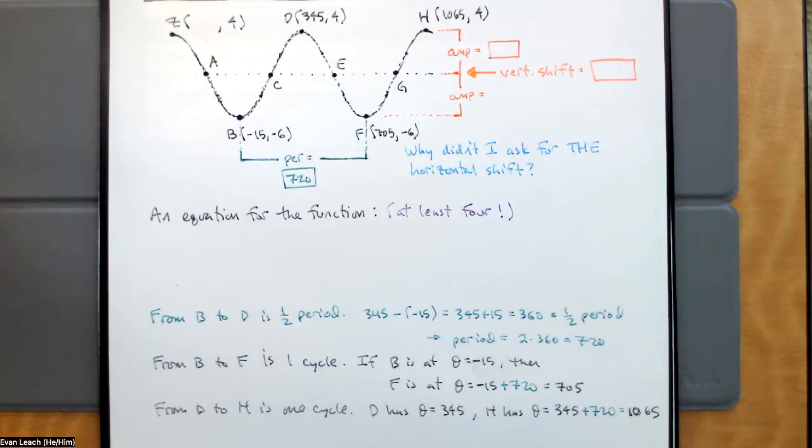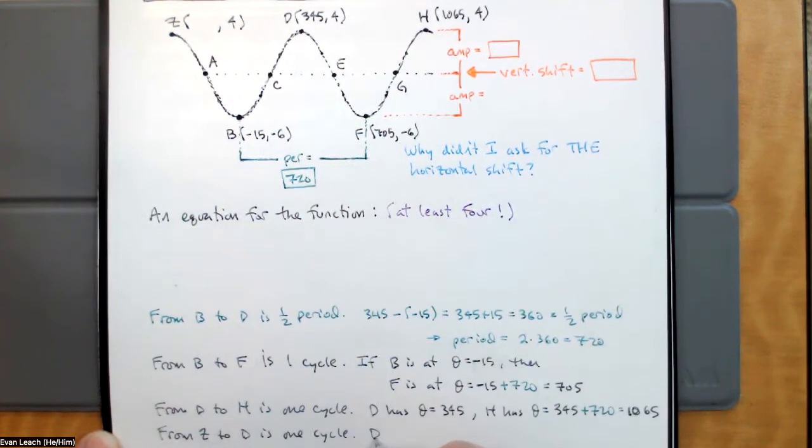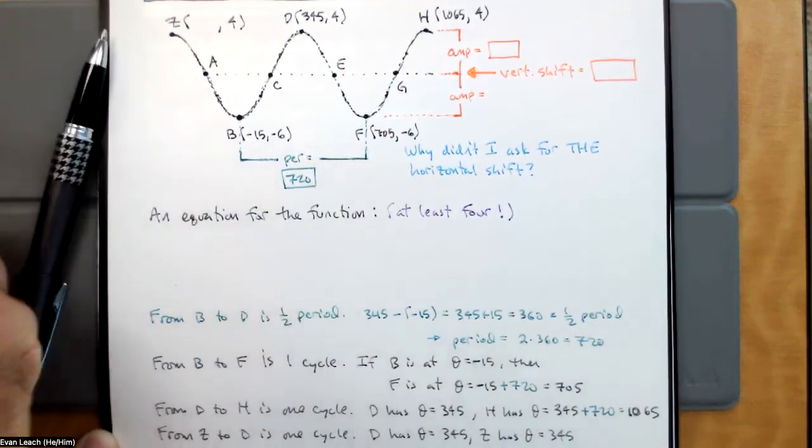How are we going to get the theta coordinate for Z? How are we going to go back to Z? We'll just subtract the 720. So from Z to D is also one cycle, but going the other way. D has theta of 345, so Z has theta of 345 minus 720.